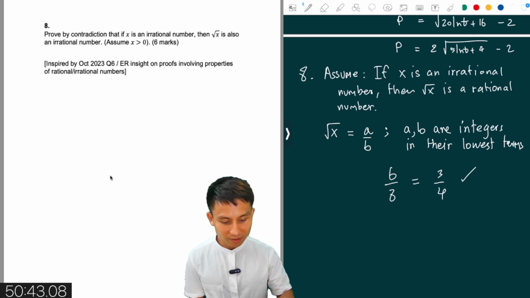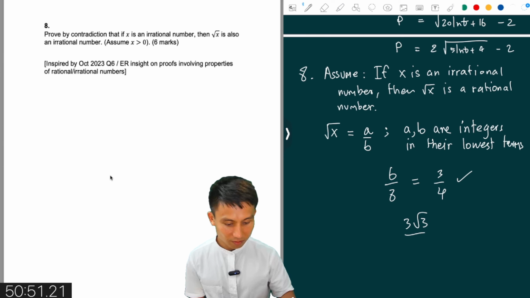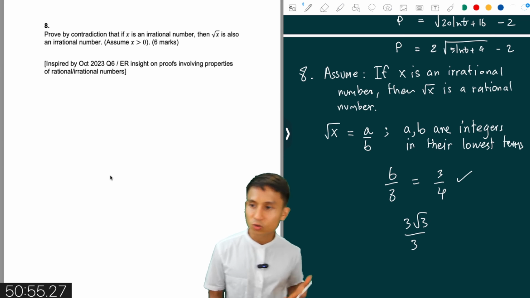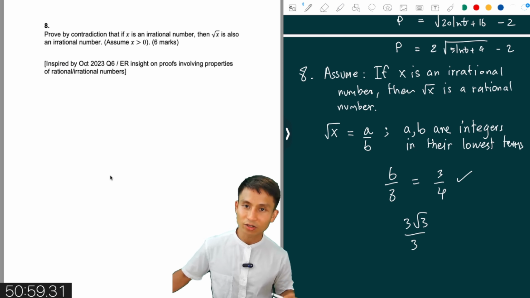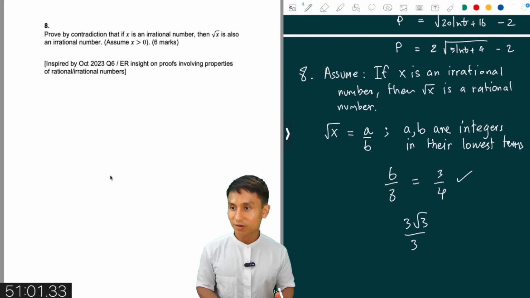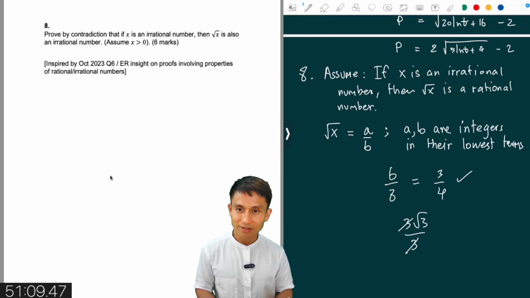But what if you have this? Root 3 over root 3. Sorry, I mean 3 root 3 over 3. You can still simplify this, so you cannot judge now whether this is a rational, because anyone would say it is, but it's not rational here because after you simplify it, it's root 3.